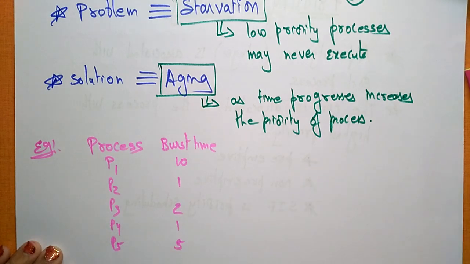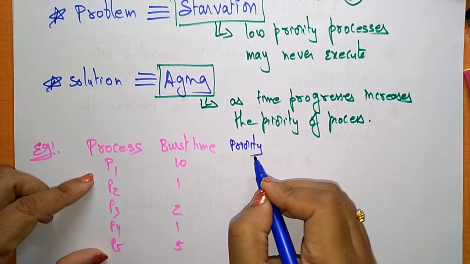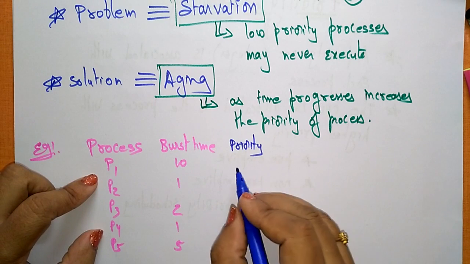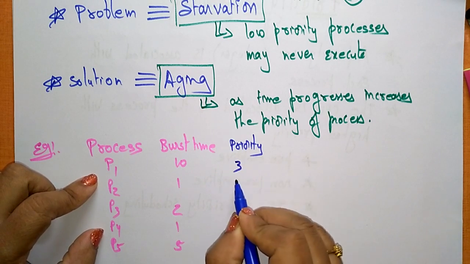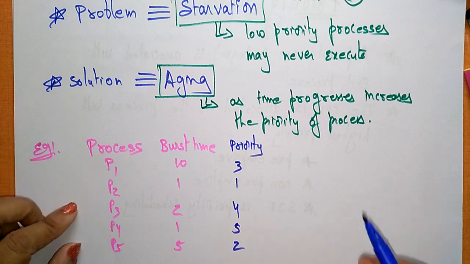And you have to take the priorities also. Whenever you introduce a process, you have to assign the priorities. Then the CPU will take the highest priority process. The priorities are 3, 1, 4, 5, 2.